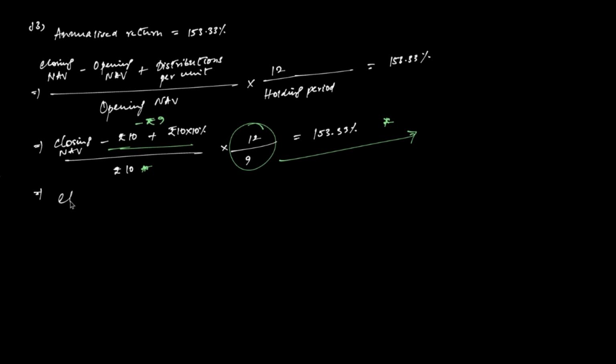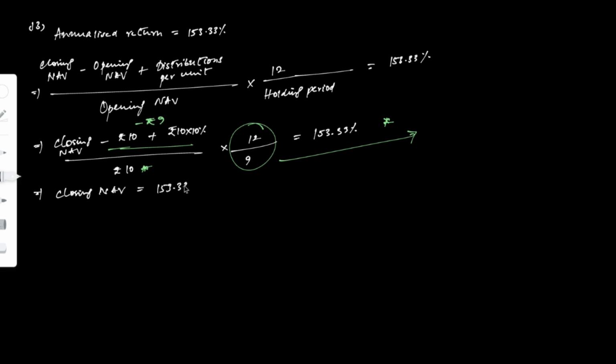So closing NAV is equal to this. When it goes here, it will be 153.33% into 9 by 12, and also this, when it goes here, it will be into rupees 10, and this is minus rupees 9, so when it comes here, it will be plus rupees 9.